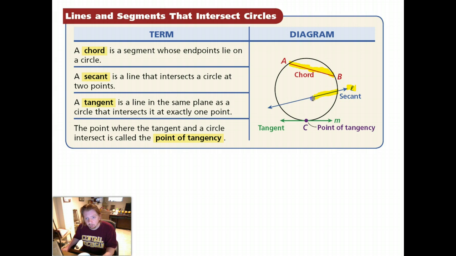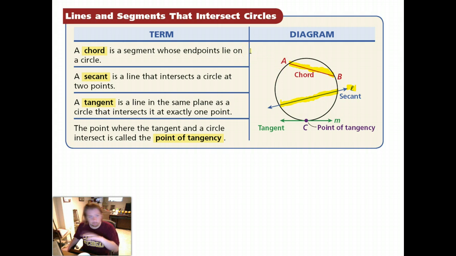You can see there's a chord right there, which runs along inside the interior of the circle. But because it's a line and it continues, it's called a secant line. If I extended segment AB into line AB, it would go from being a chord, a segment, to being a secant line.